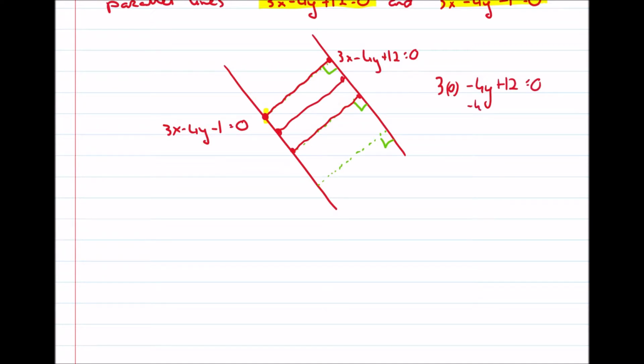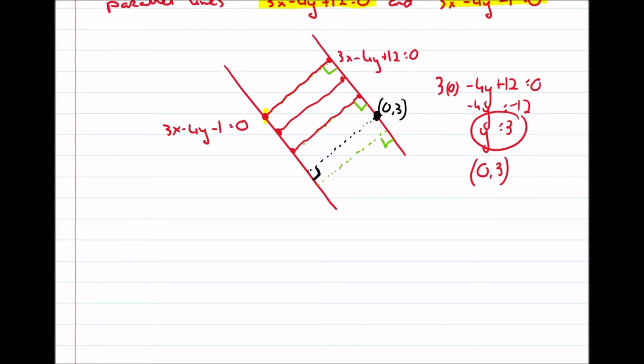That would be minus 4y plus 12 equals 0, so y equals 3. So y equals 3 when x equals 0. So there's a point on the line, and I'm just going to put in that imaginary point, say it's here, 0, 3. And now I have to get the perpendicular distance from that point to that line.